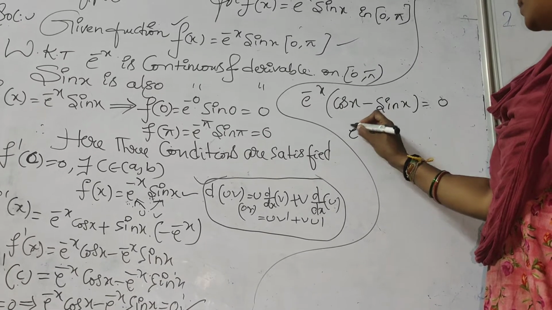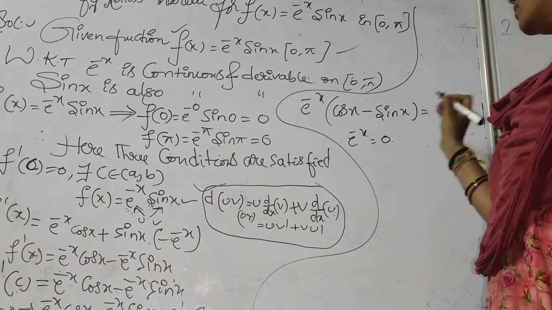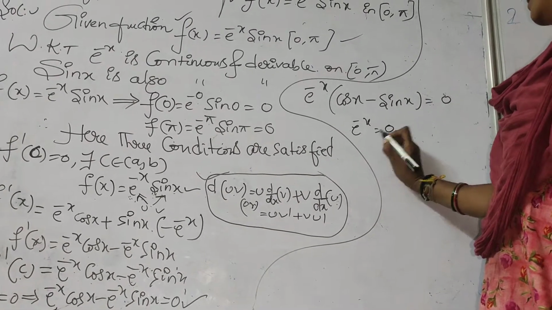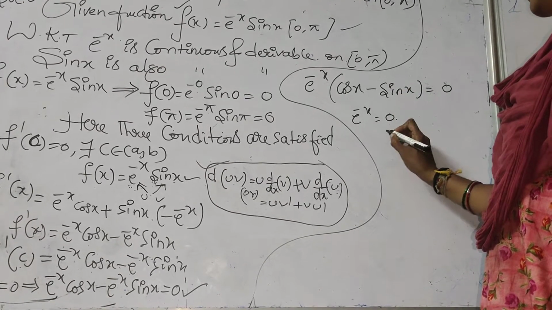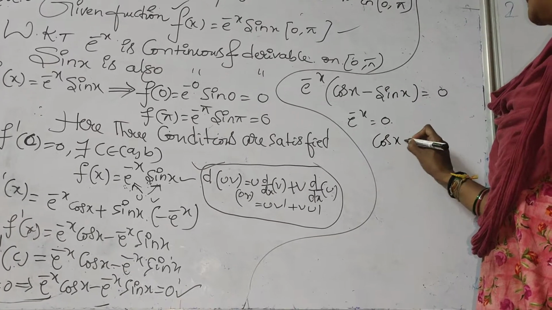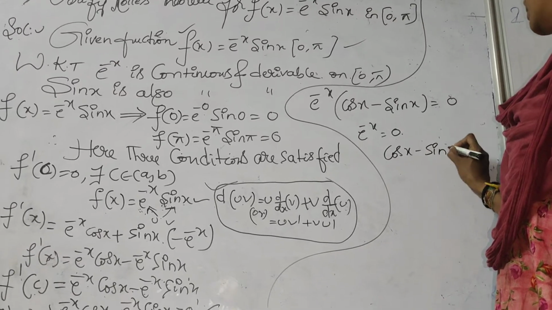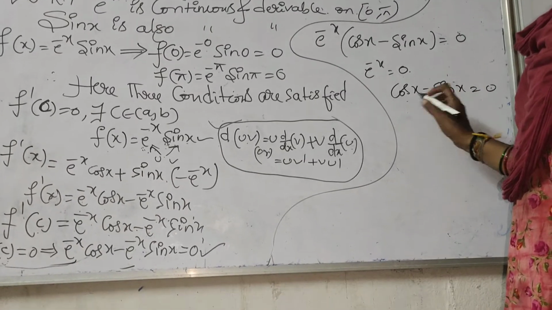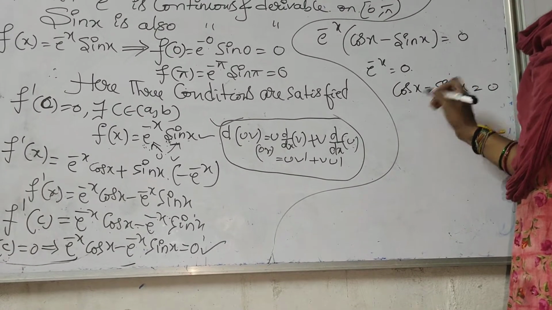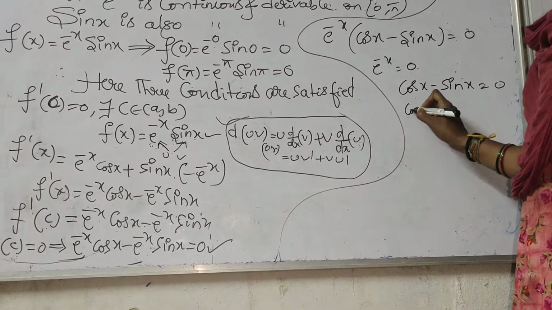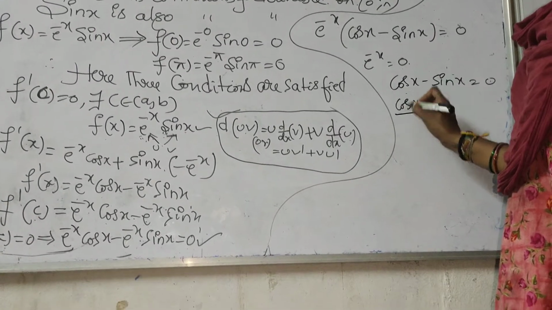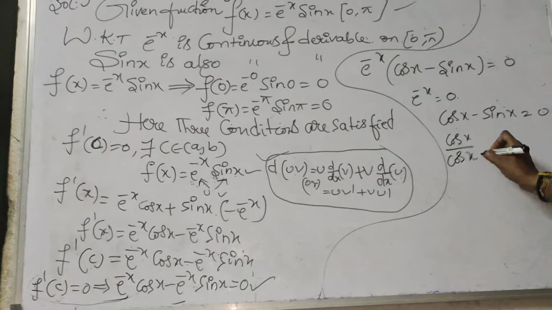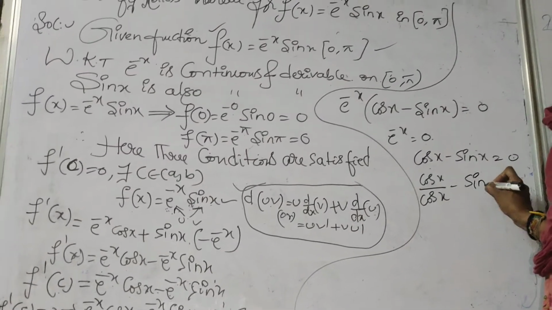Now e power minus x equals 0, next cos x minus sin x equals 0. Now dividing cos x minus sin x by cos x, I mean cos x by cos x minus sin x by cos x equals 0.